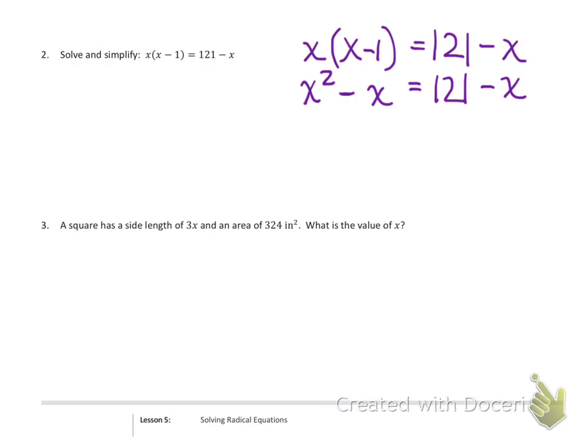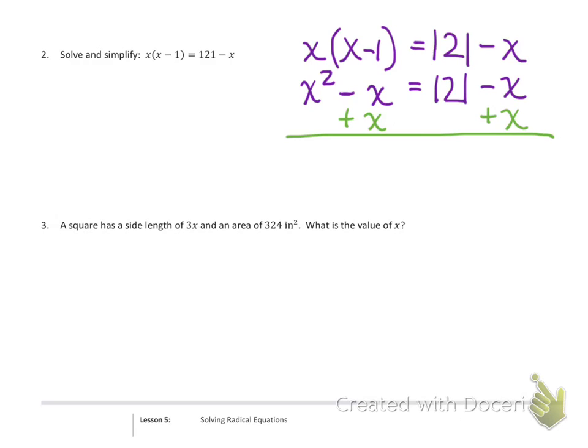So now using properties of equality, I can add x to both sides because I want to get all like terms together. So I've got those x terms, I've got constant, and I've got x squared.